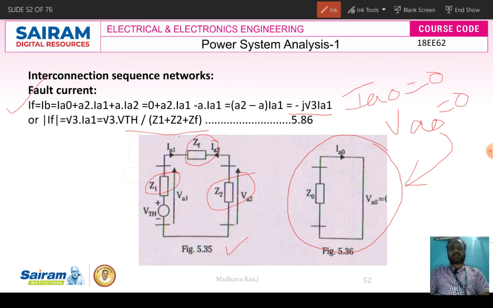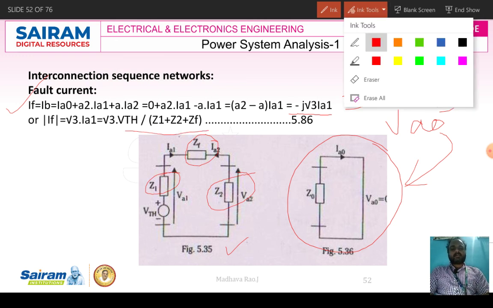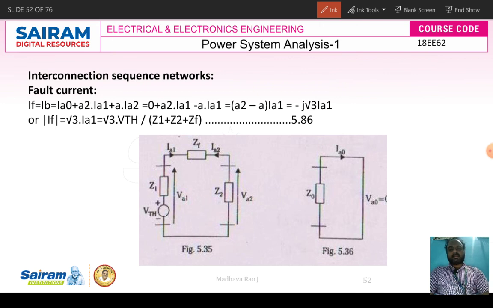That is the current flowing in this figure, the circulating current, which belongs to Ia1. So here the fault current is equal to root 3 into V Thevenin divided by the summation of Z1 plus Z2 plus ZF. Z1 plus Z2 plus ZF is the total impedance of the circuit.